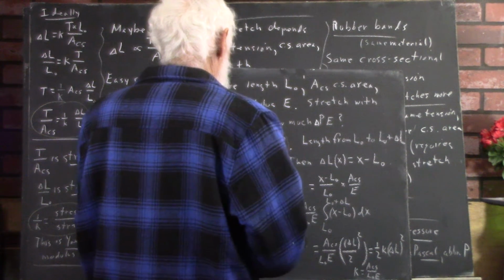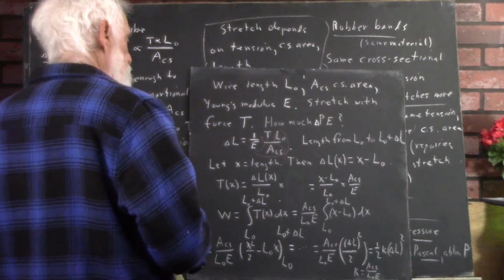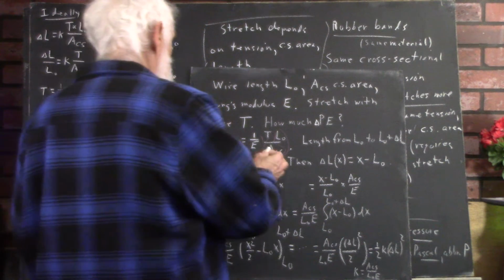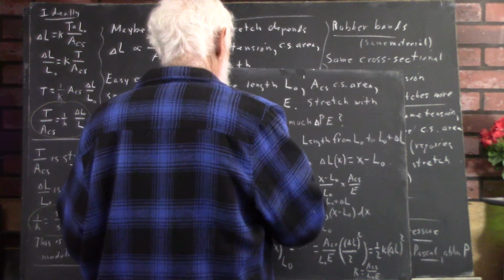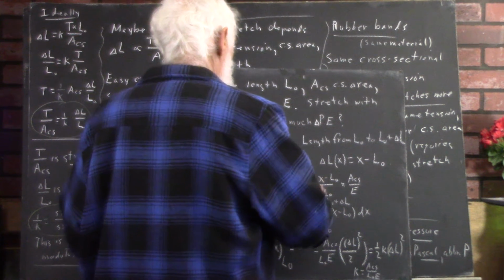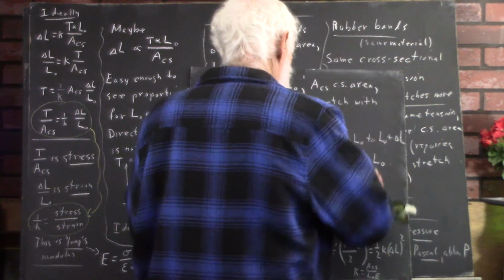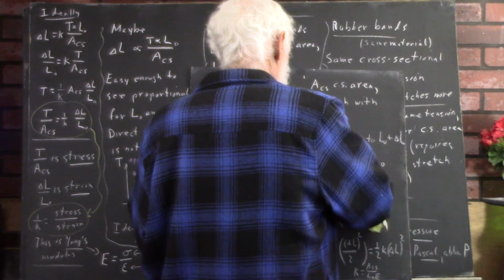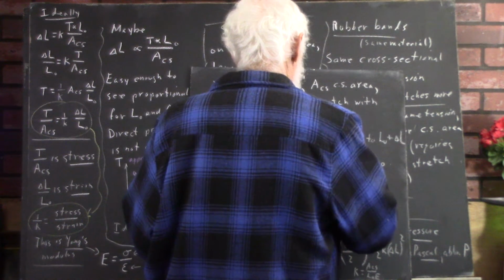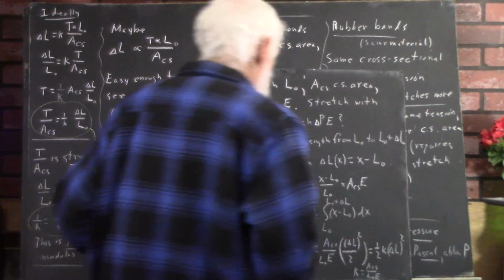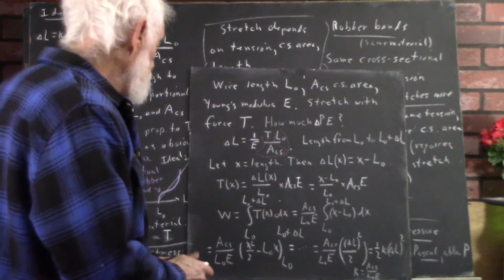The cross-sectional area and E are both in the denominator here. So when we solve for T of X, we get cross-sectional area times E. And over here, it's going to be the same thing, cross-sectional area multiplied by Young's modulus. Incidentally, the E kind of stands for elastic. It's like elastic modulus.